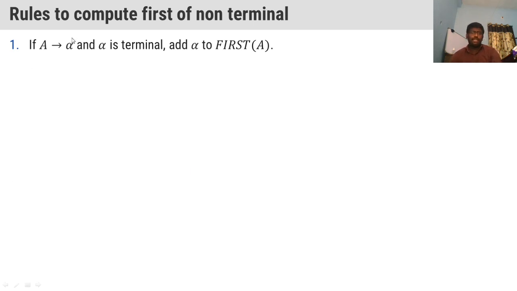If any production is in the form of A derives alpha and alpha is a terminal, then we will add that terminal to the first set of A.